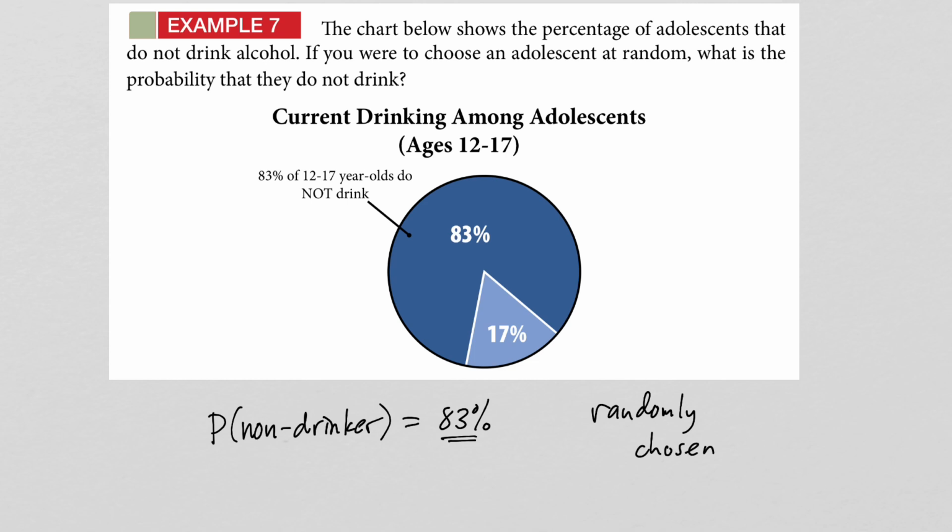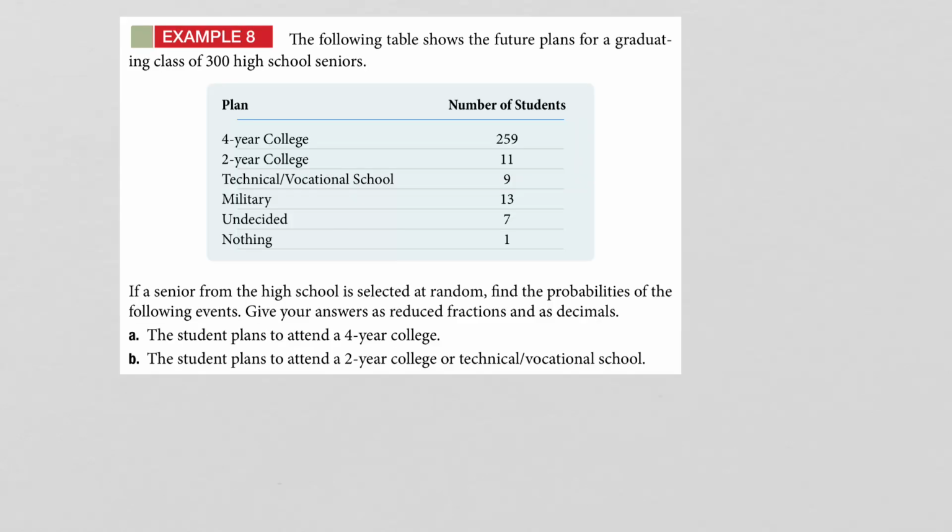So we have no knowledge of the person that we're getting. We're just randomly choosing somebody, and we know 83% of this group does not drink. So the probability that one person does not drink, if randomly chosen, is 83%. Okay, so this is very different from theoretical probabilities. In other words, if I were to ask you this question without giving you this pie graph here, you would have really no idea how to answer it.